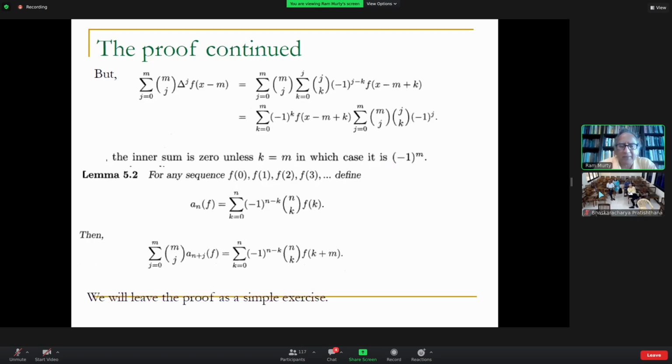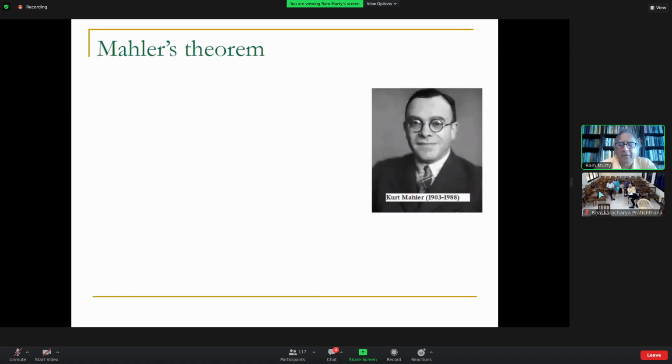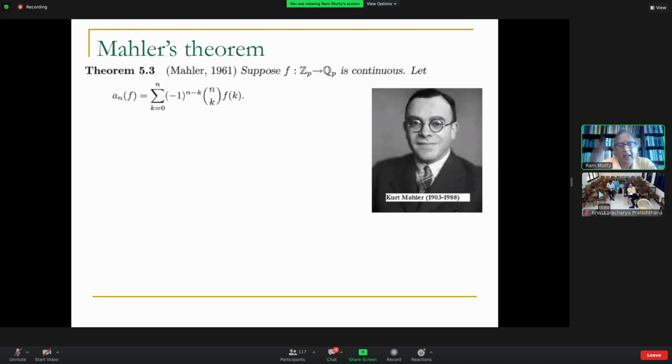So once we have this technical fact in place, we're now ready to prove Mahler's theorem. Here's Kurt Mahler, a contemporary 20th century mathematician. His theorem is that if you have a p-adic continuous function f, and you define a_n of f in this funny way with the binomial coefficients, then a_n of f actually tends to 0 p-adically as n goes to infinity.